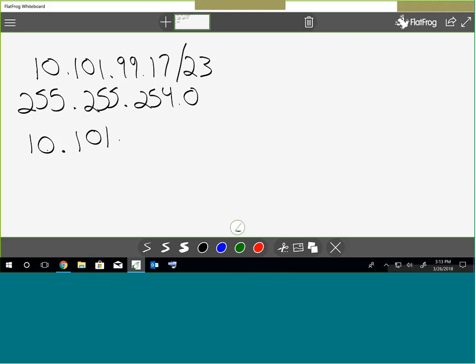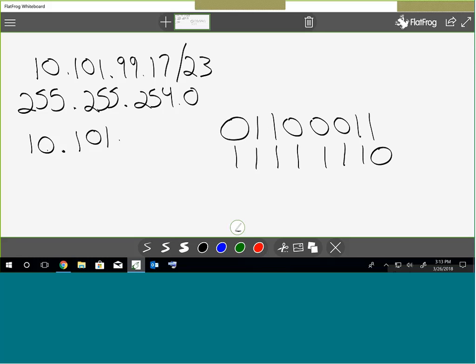Okay, now 99 will be 128, 1, 1, that's 96. So that's 32, 16, 8, 4, 2, 1, that's 99. 96 plus 3. The mask is 1, 2, 3, 4, 5, 6, 7, 8, right? Yep.